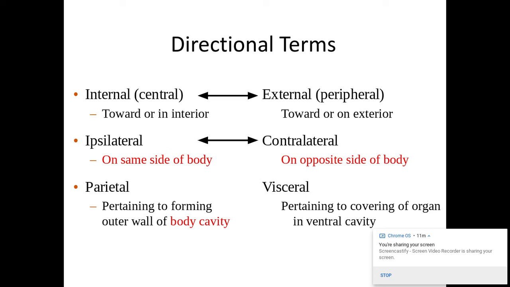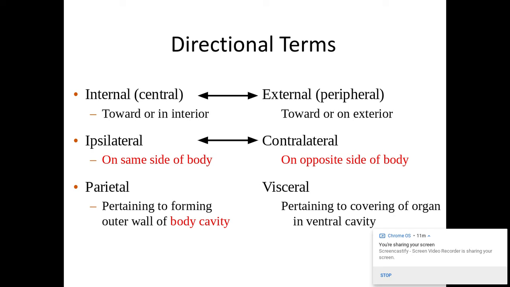So if I'm moving my right hand and then I'm also kicking my right leg, that's an ipsilateral movement. Whereas you have your contralateral, which is on opposite sides of the body. So if I were to, let me think, lift my left leg and also raise my right arm, that's a contralateral movement because you're doing two different sides of the body, if that makes any sense.